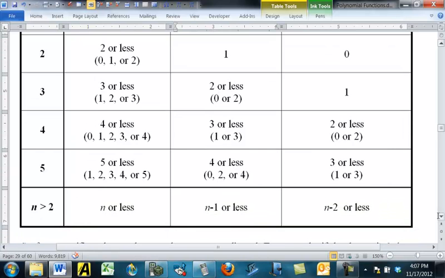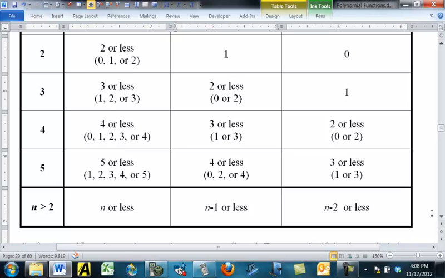So you can see that for the n's that are bigger than 2, at least, there's always n. Remember, n is the degree of the polynomial function. So if n is greater than 2, there's n or fewer roots. If it's odd, there's got to be at least 1. If it's even, it could be anywhere from 0 up to n.